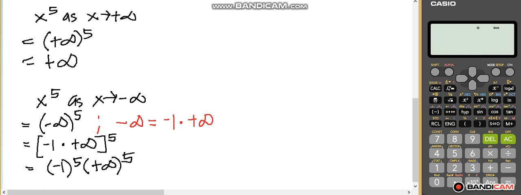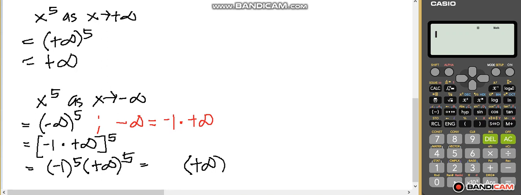Tama? Ngayon, sinabi natin kanina class that positive infinity is a very large number. I-raise mo pa sa 5 ang isang napakalaking number, mas hihigit na naman yung value niya. Therefore, you're still approaching positive infinity. So, positive infinity ang sagot for positive infinity raised to 5. Ngayon pumunta tayo doon sa negative 1 raised to 5.